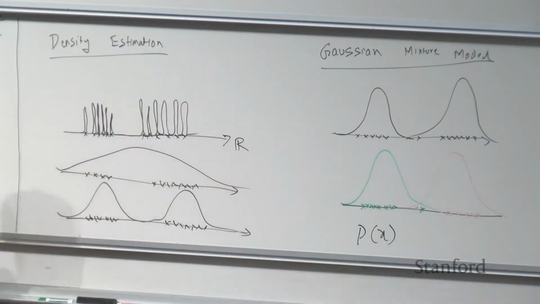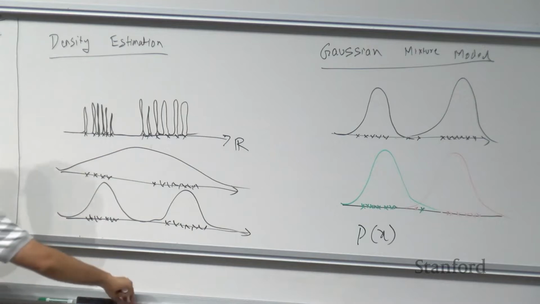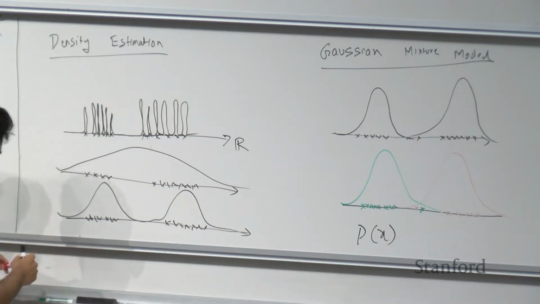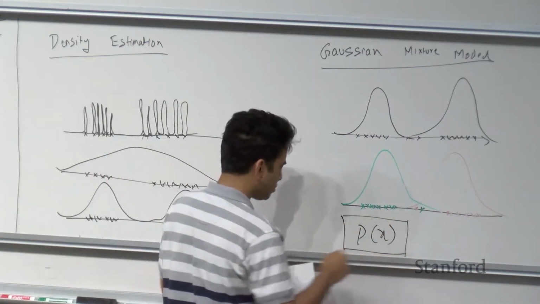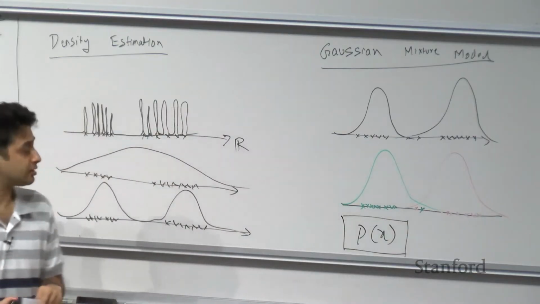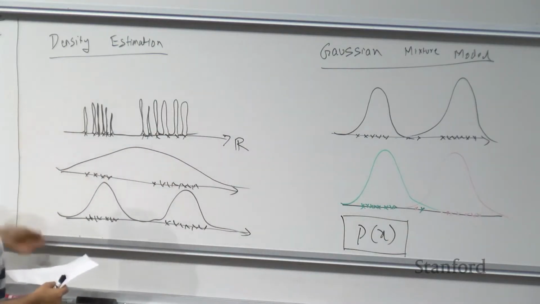Right? So that's the setting in which the Gaussian mixture model comes into the picture. And the reason why we are interested to even calculate this P of x, there are many reasons why calculating P of x could be interesting. So here's one example.